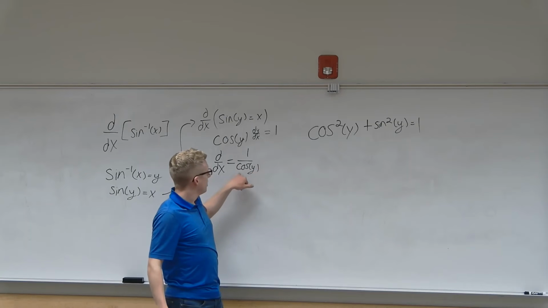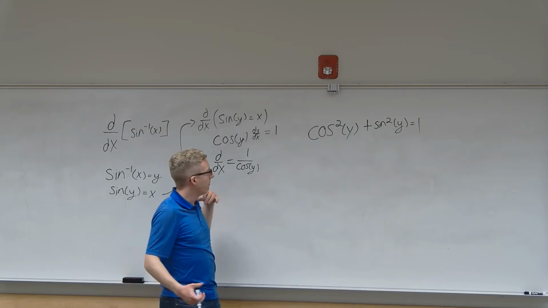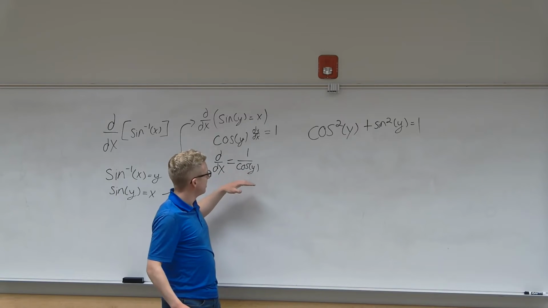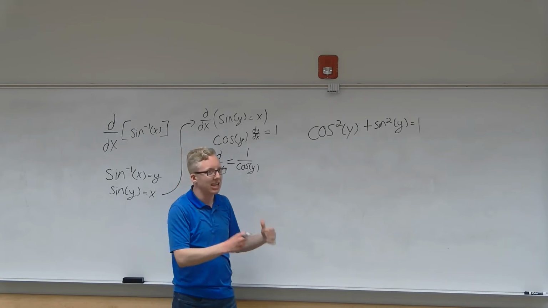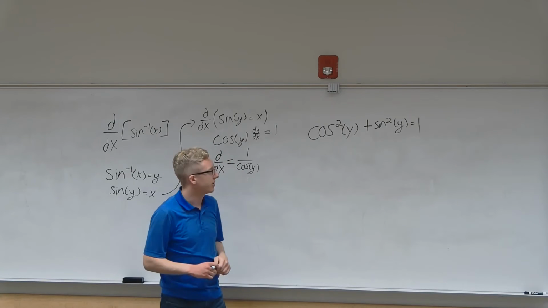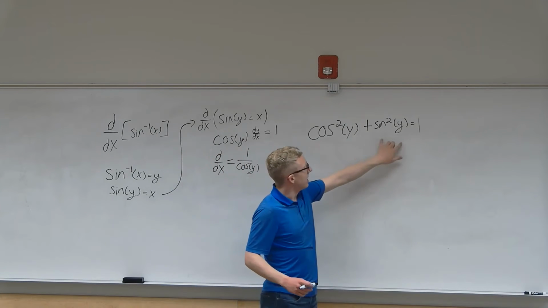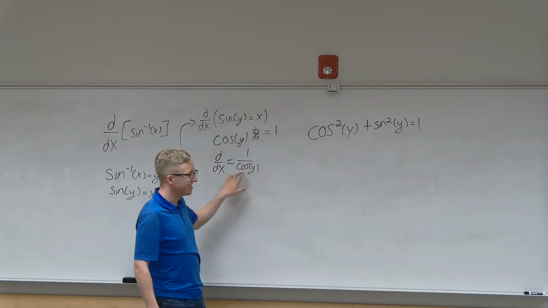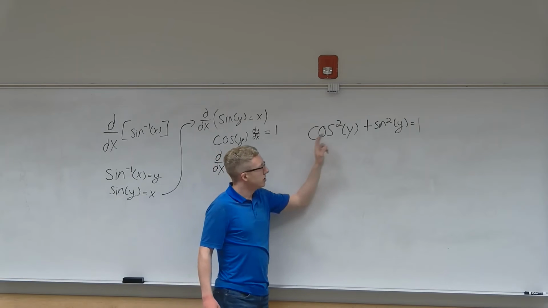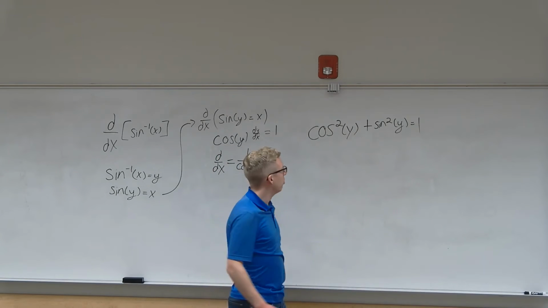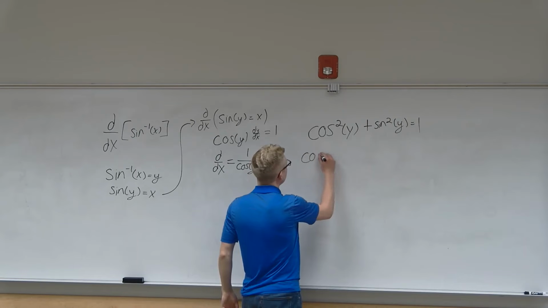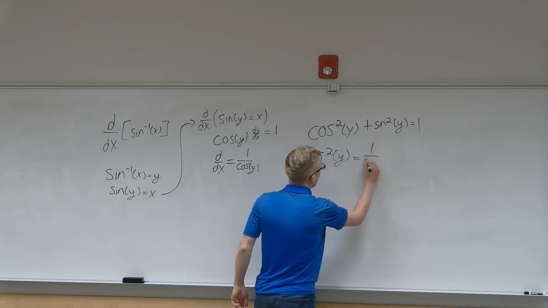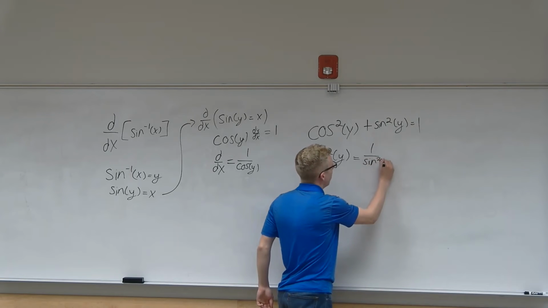So that's the relationship that we have between y and potentially getting something in x. And I'll show you what I mean in just a second. So with this, we want to get the cosine by itself so that we can stick something right here. So what I'm going to do is subtract over the sine squared of y.